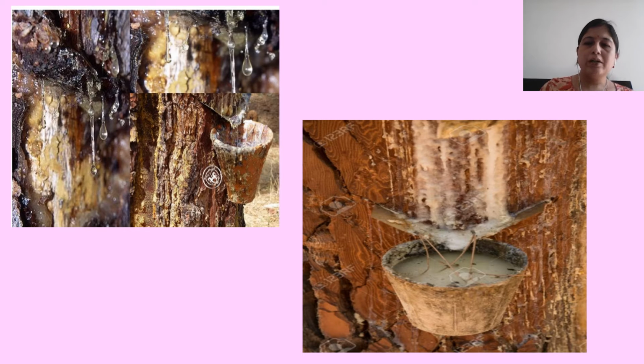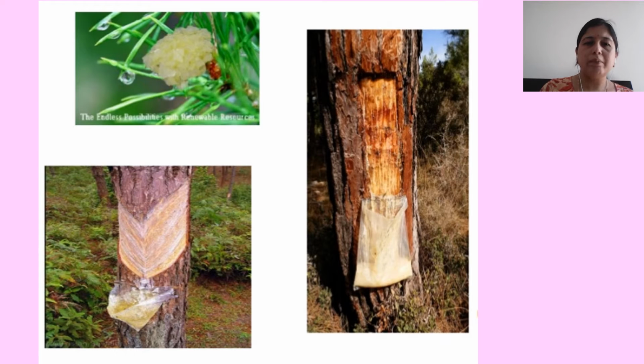Normally, this is the trunk of a tree where an injury has been made, or due to a natural procedure, the tears of the tree come out in liquid form. When the collector is placed, gradually due to environmental factors, these solidify and we get the resinous material. These are some other examples in this figure.